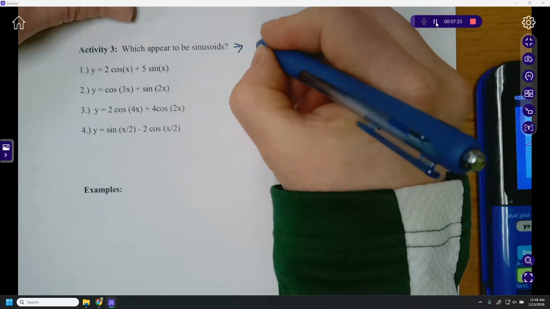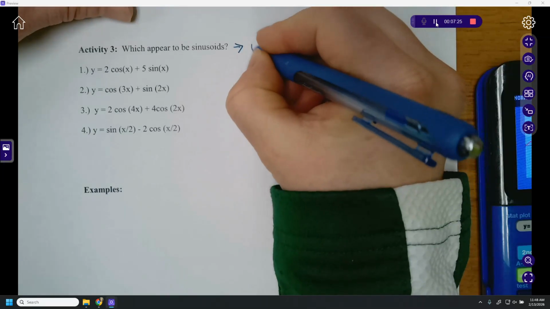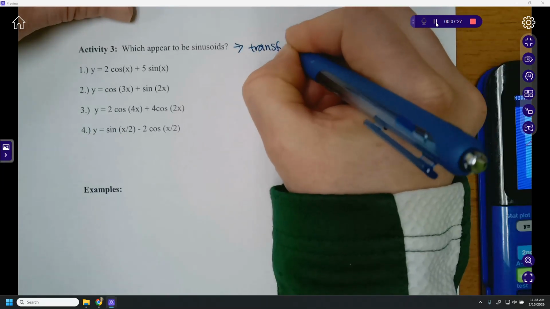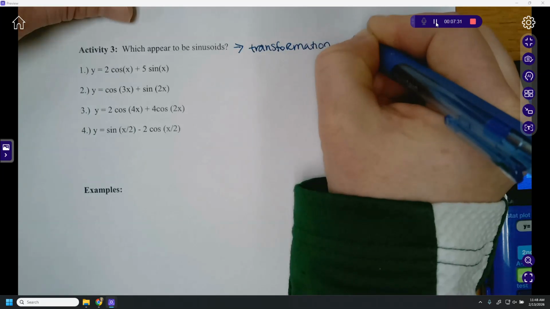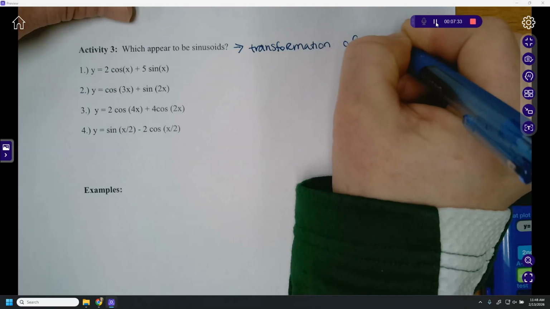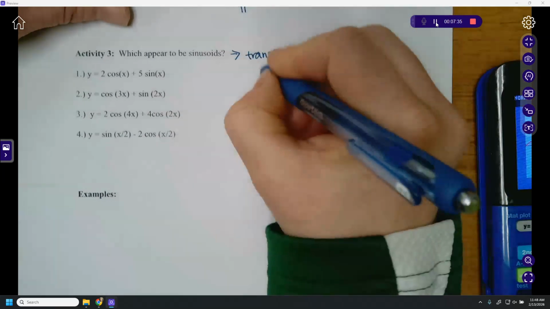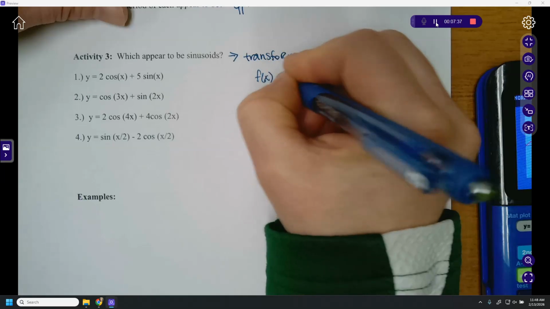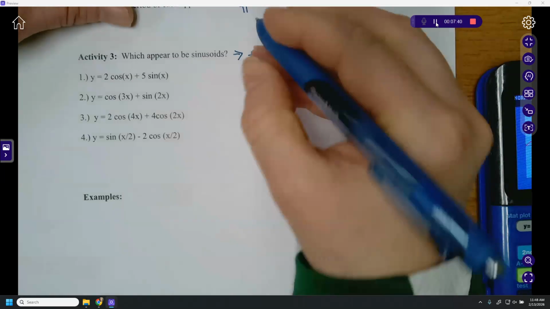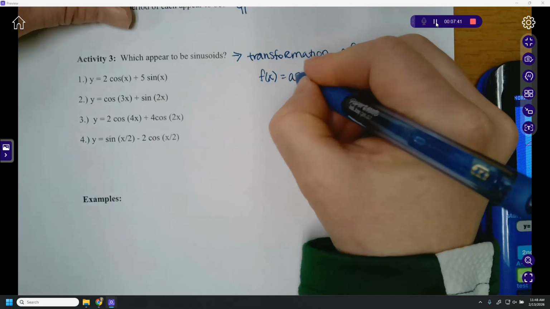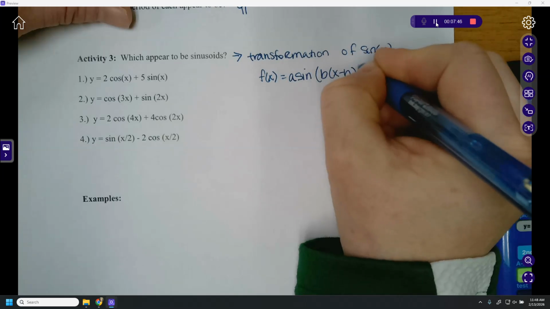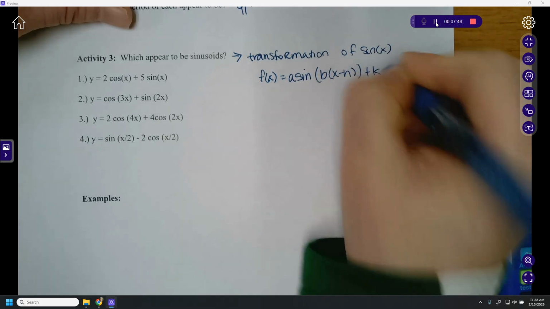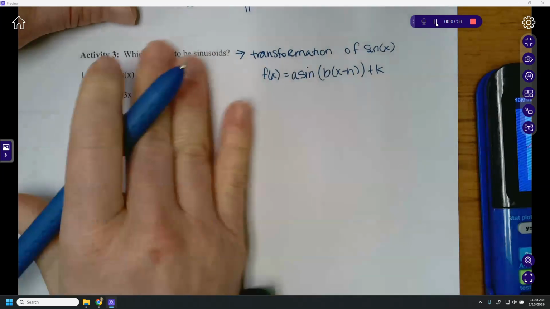A sinusoid means it's some transformation of the sine function, or I suppose it could be cosine function. And so on my board up at the front on the graph paper part, I have this left here for you. We know that, in other words, I could write a sine function that matched this.